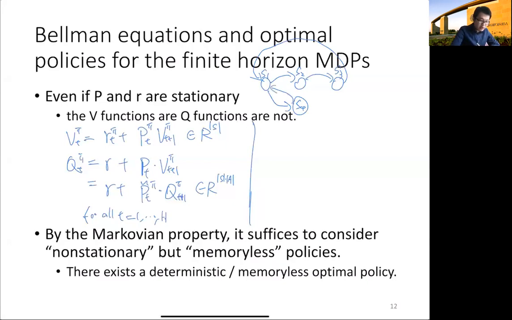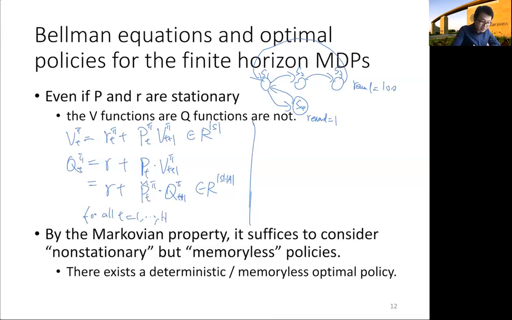All these arrows are actions. When you get to S4, you get a reward of 1. When you get to S3, you get a reward of 100. This is a deterministic transition, and you start with S1.